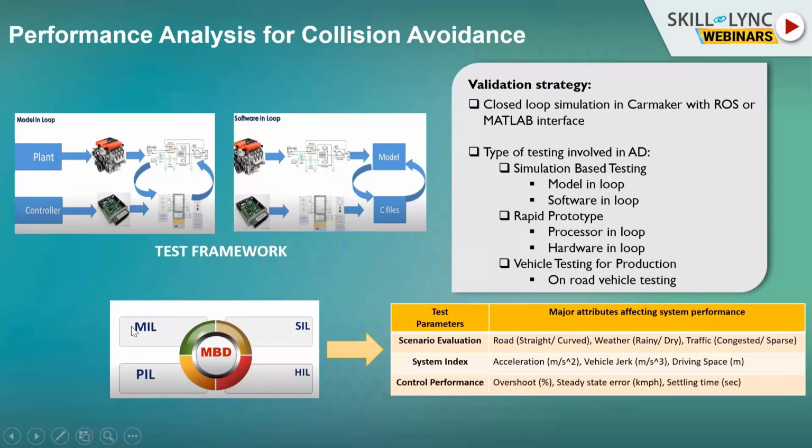Model in loop is the vehicle plant model interacting with the controller. The outputs from the plant model, such as vehicle speed or acceleration, are fed into the controller. The controller outputs some logic, in this case the collision avoidance feature, and gives an output to the vehicle model again. The vehicle performs, and then feeds the inputs again to the controller.